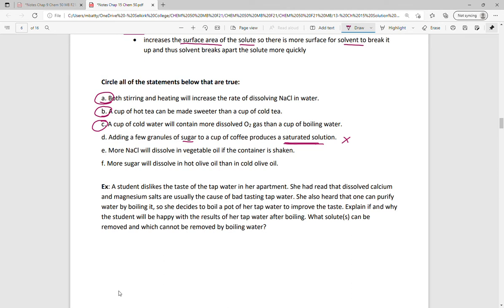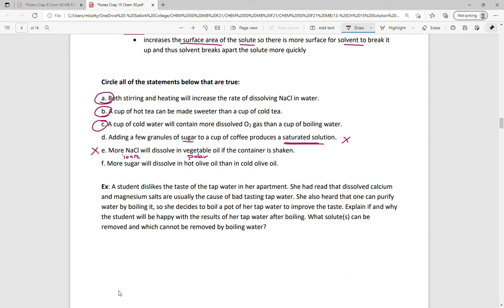E says more sodium chloride will dissolve in vegetable oil if the container is shaken. So think about that for a minute. This would be an ionic compound in a polar solvent. So shaking it is usually good, but these are insoluble. So that is also going to be a problem. It's not a true statement.